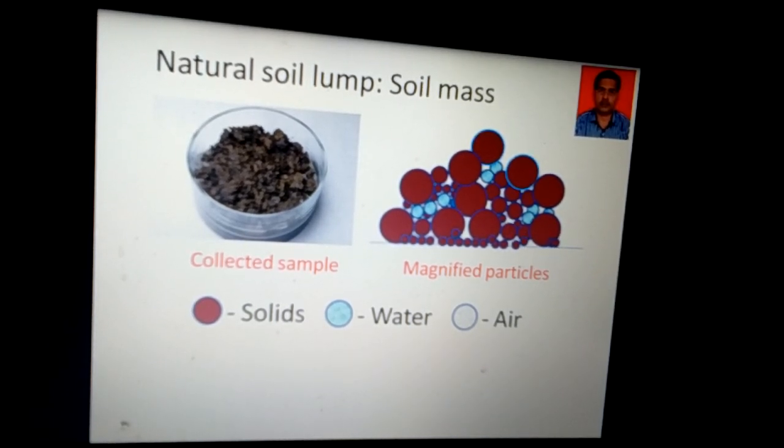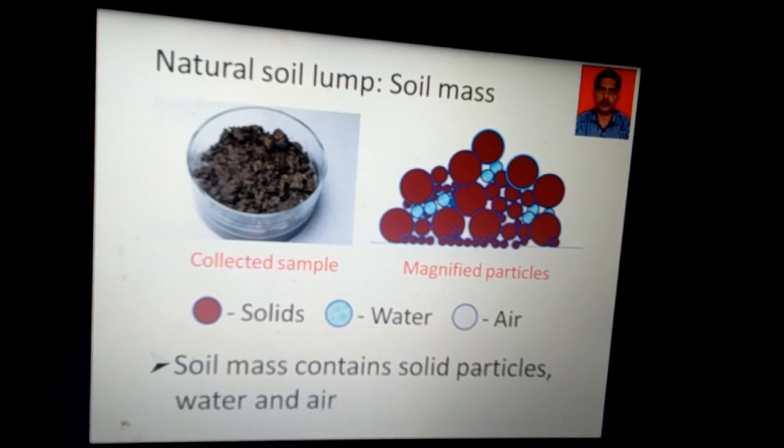So you can see here that in a soil lump there is the presence of all three phases of material: the solid particles, the liquid water, and the air as a gas. So solid, liquid and gas, all three are present in a soil lump.